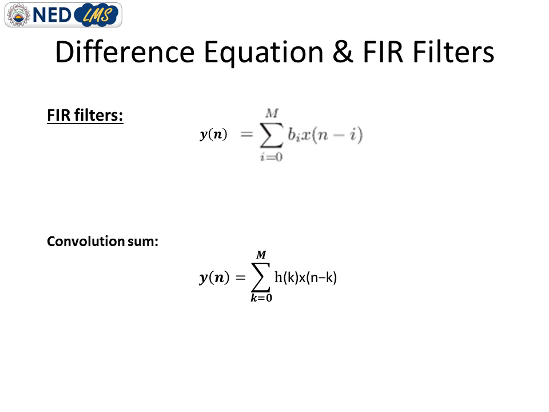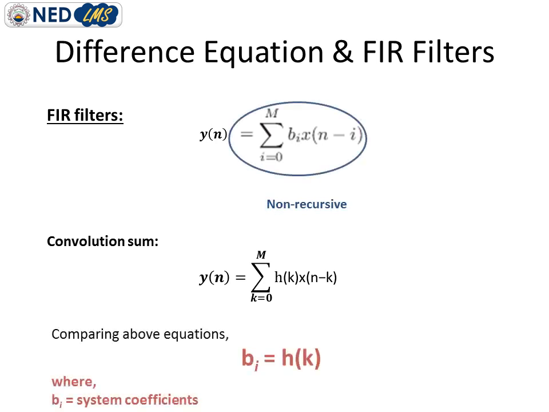Here you can see the delay is represented by k, and the formula is summation x of n minus k into h of k, and all the delayed versions are multiplied and then added, and the same strategy is represented by the difference equation of FIR filters. So, by the same nature of these filters, we can compare the two equations.